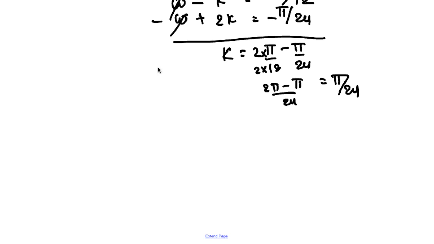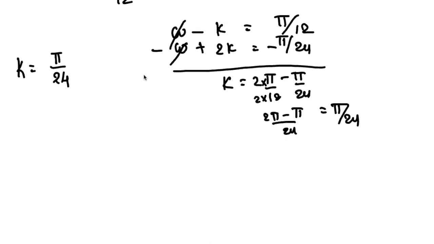Simply, we have got the value of k, that is pi by 24. Now let us find the value of omega. By substituting the value of k, omega minus pi by 24 equals pi by 12. We have just substituted the value in this equation.